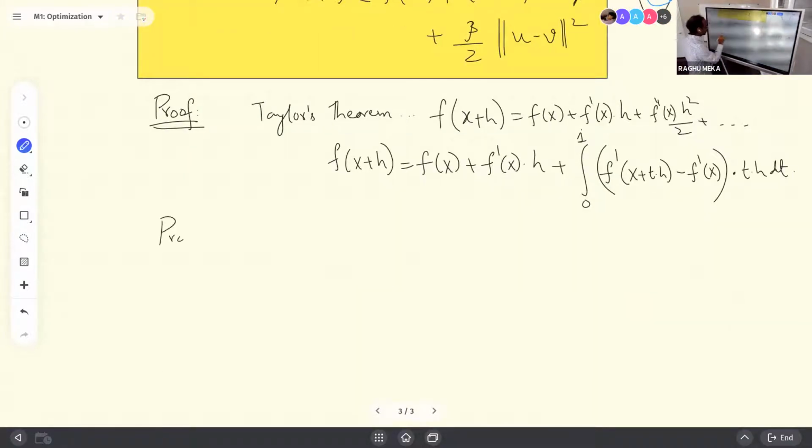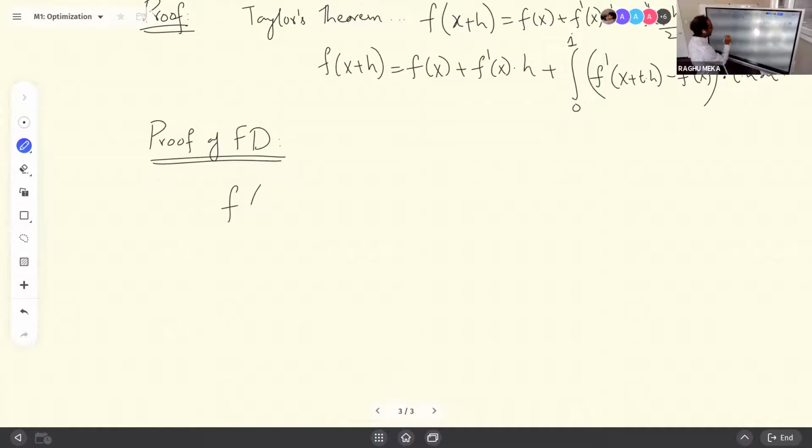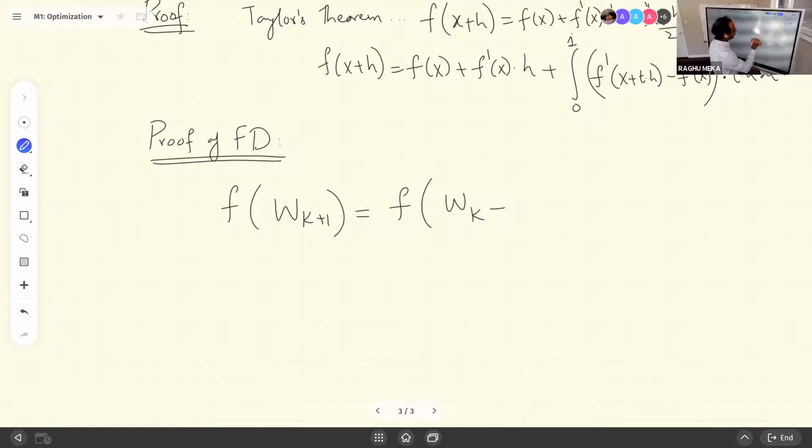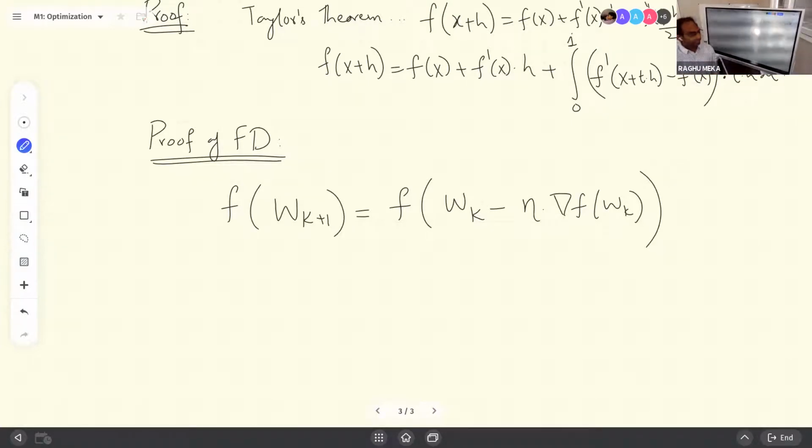So proof of function decrease. Right? So what do we want to say? We want to analyze this f of w_{k+1}. What is this guy? This is f of w_k minus 1 over beta times gradient f of w_k. Okay?